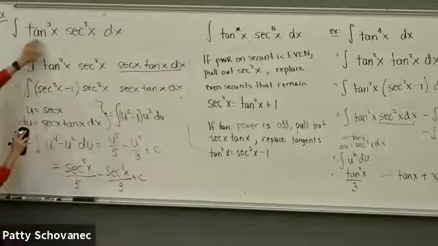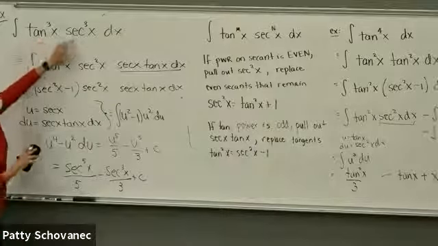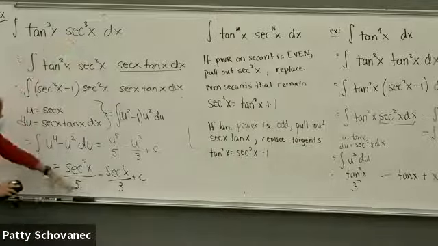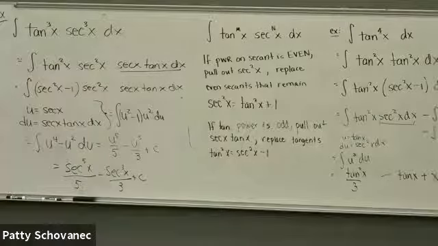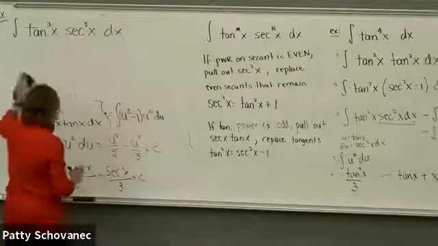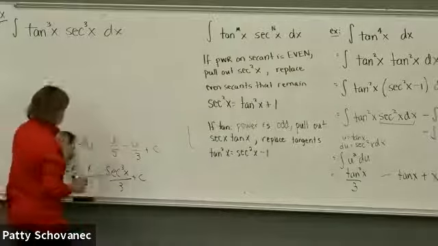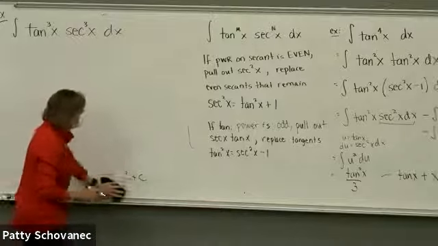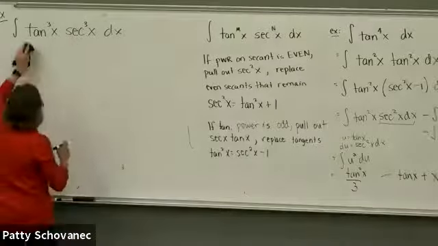So I bet if I just change this to cotangent and that to cosecant, all of these steps are the same. So I'll hide those steps so you can't see them, and then do that.